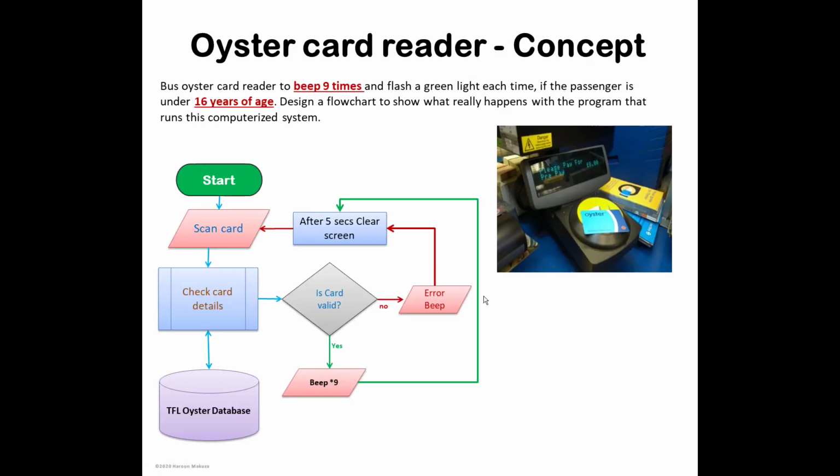Here's another example, an Oyster card reader. The bus Oyster card reader, and this is very brief. I didn't go much into detail, and if you get some time, have a look into it and see how it checks the card details, how it scans your card, and so forth. Now remember, it beeps 9 times and it flashes a green light each time if the passenger is under 16 years of age.